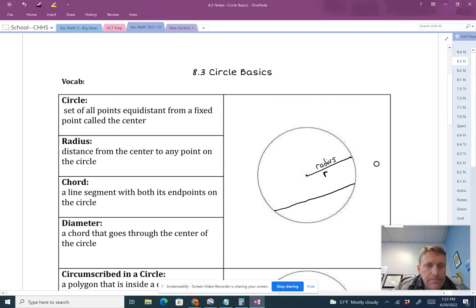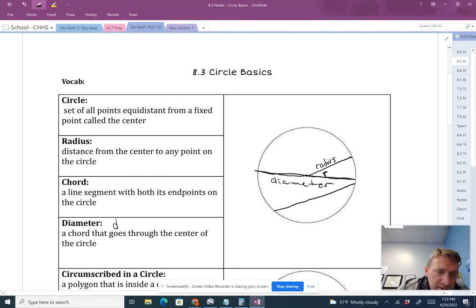And a diameter is a chord that goes through the center. It's the longest chord in a circle, and that is the diameter.